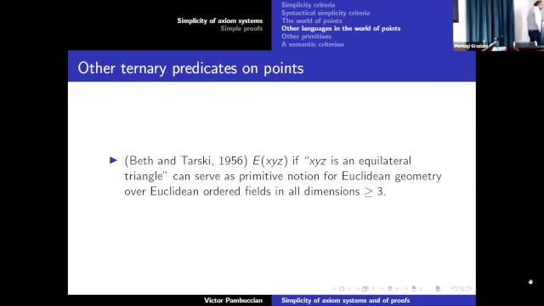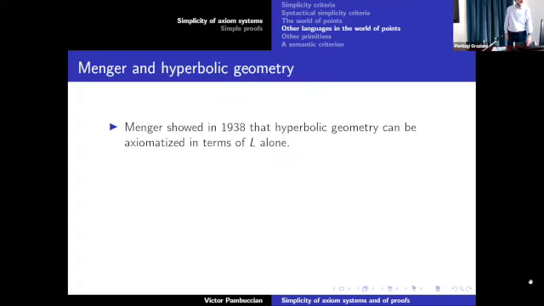And Beth and Tarski in the same journal have shown that the relation E, where XYZ is an equilateral triangle, can serve as a primitive notion for the Euclidean geometry of ruler and compass constructions in any geometry of dimension that is at least 3.